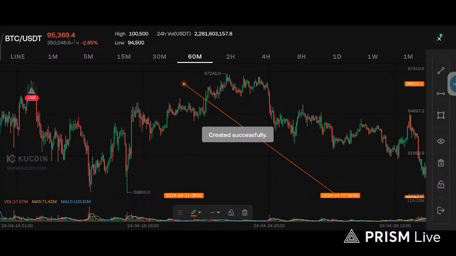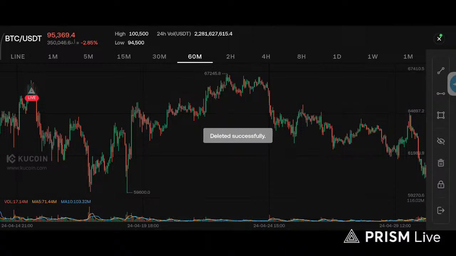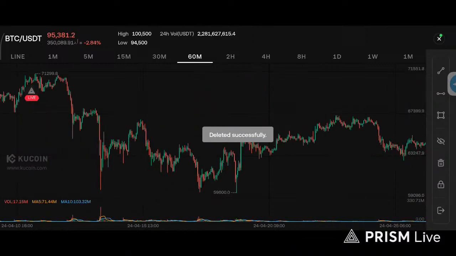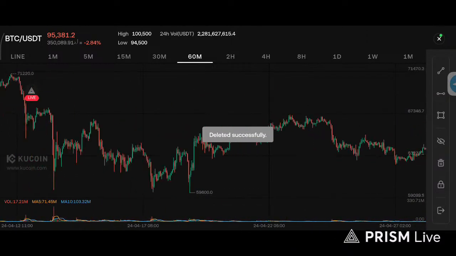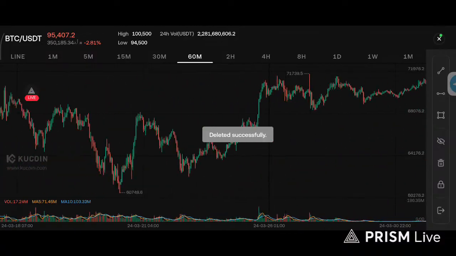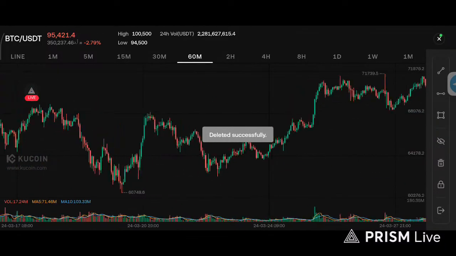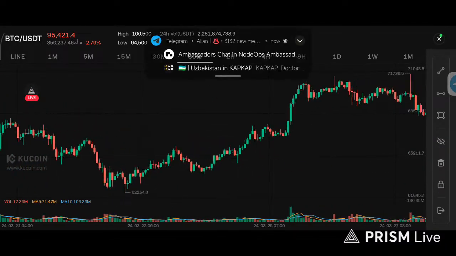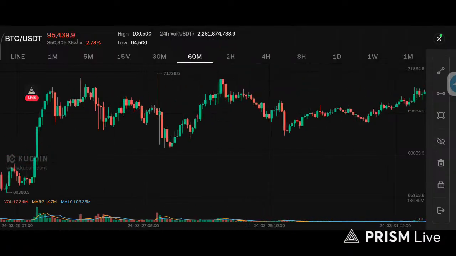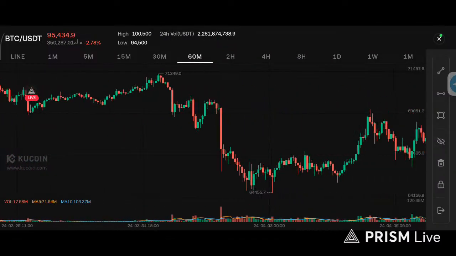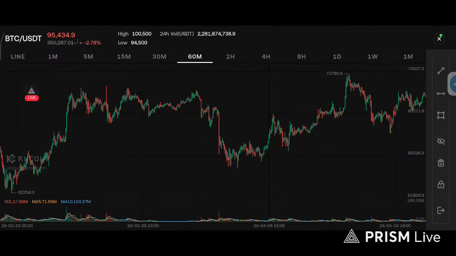There is always an inducement taking place in the market. That is why if you can see all these small candles, they are inducement. They have their own part to play.